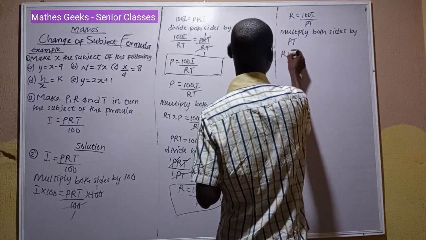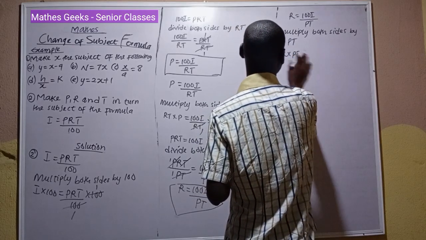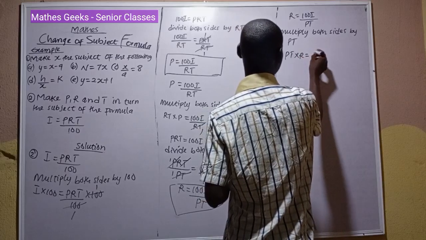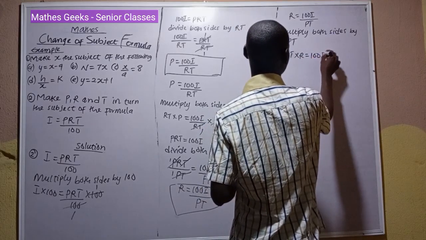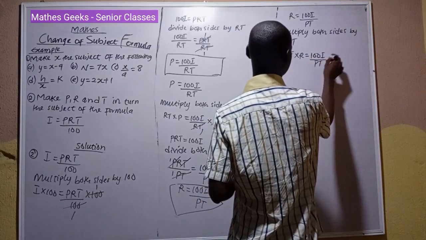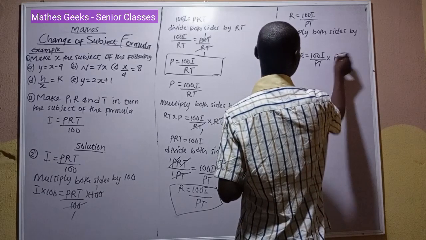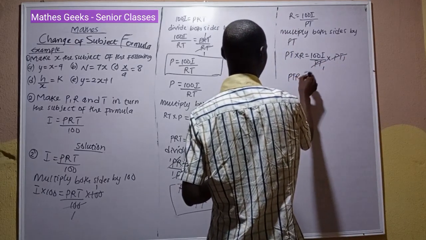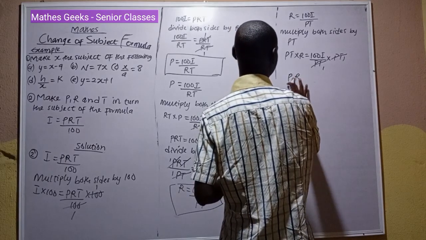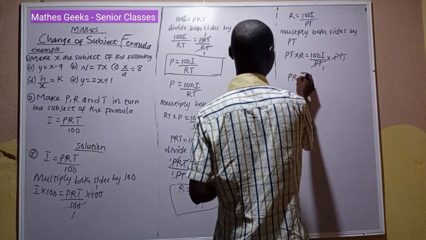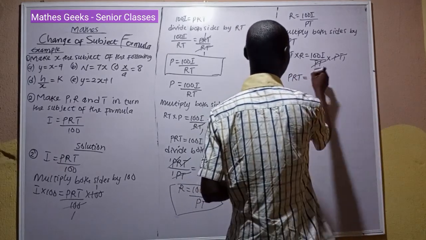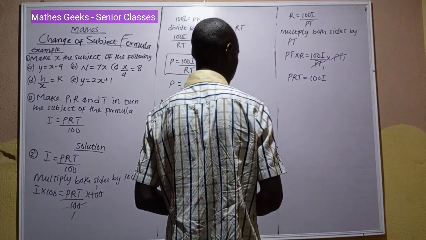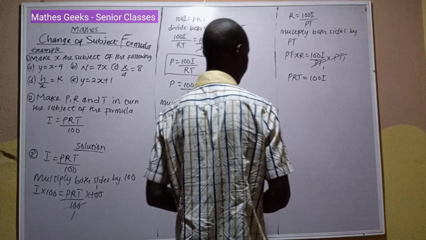So R times PT, or you can say PT times R, equals 100I over PT times PT. So this will cancel. So PRT equals 100I.